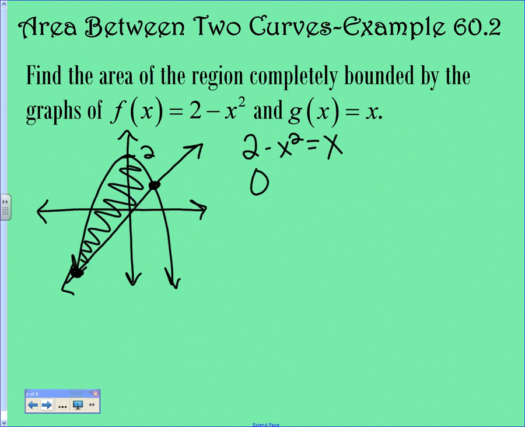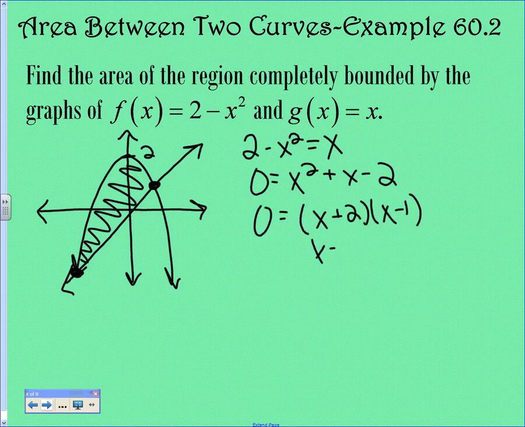So you would have x squared plus x minus 2. You just got to figure out where they intersect. 1 and negative 2. You set them equal to each other. And usually you'll be able to factor it.